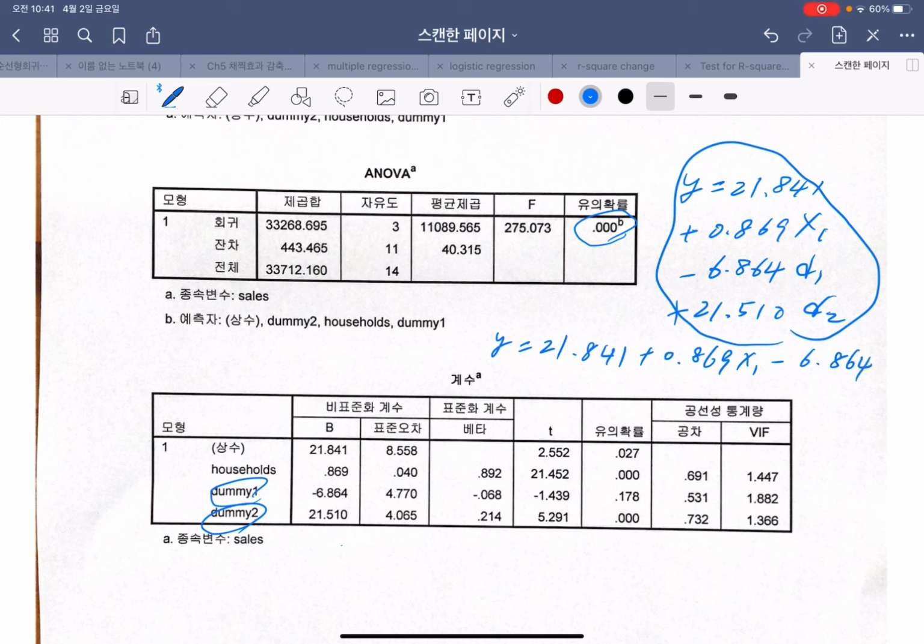That's for the street. And for the mall, we use 0 for dummy 1 and 1 for dummy 2. So for mall, we will have a regression equation like this.